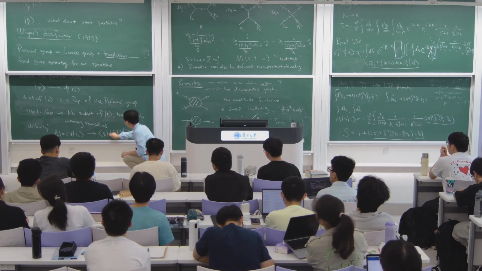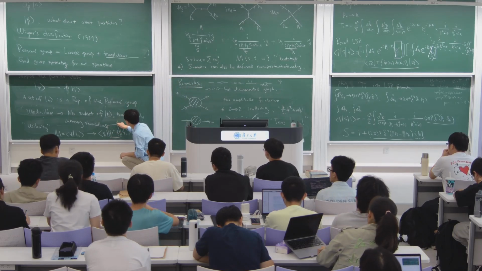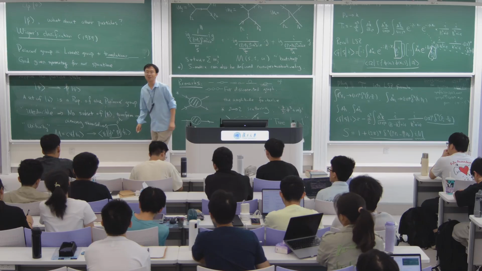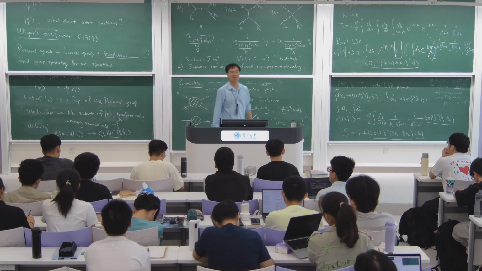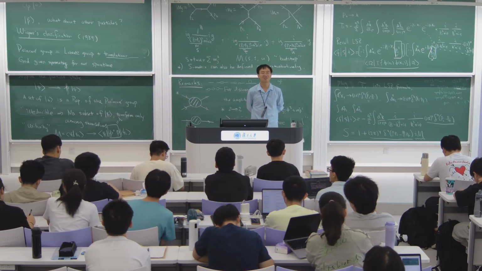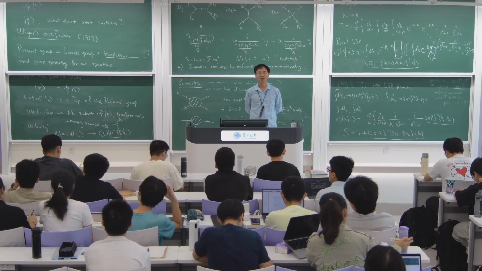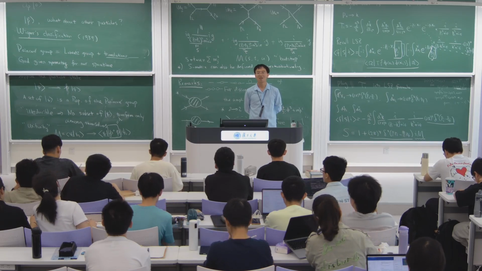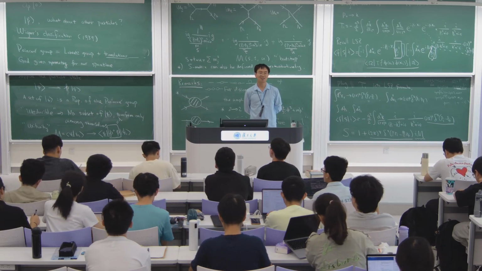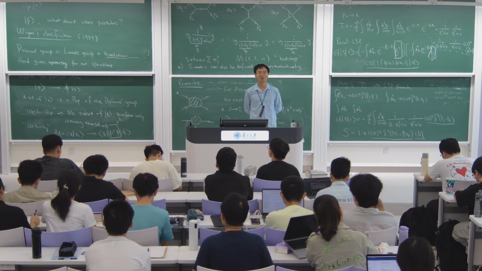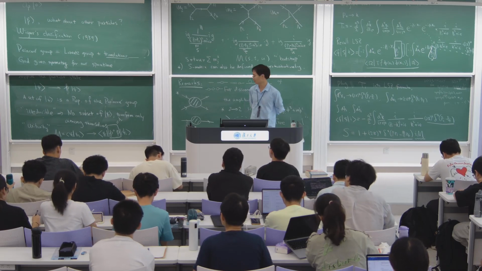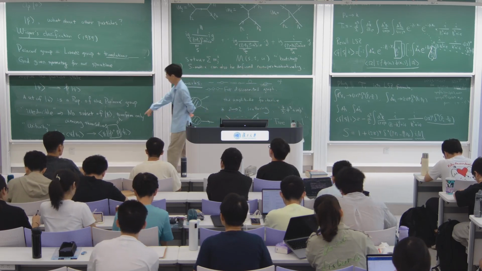So this p dagger p had better be identity, in order to preserve this observable, or inner product. Because this inner product is not sensitive to the symmetry transformation. So this is the definition of unitarity.